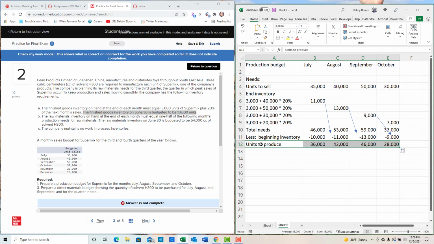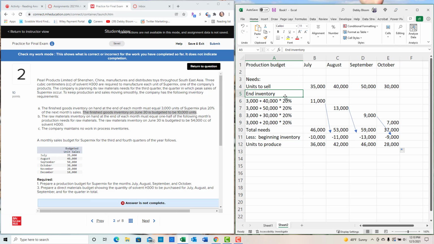We have over here our units that we want to produce, so we have to figure out what raw materials are required to support that production. So for example, if we wanted to produce 100 tables, we would need 400 legs, right? Because each table has 4 legs. So we need to figure out how many raw materials to support production.